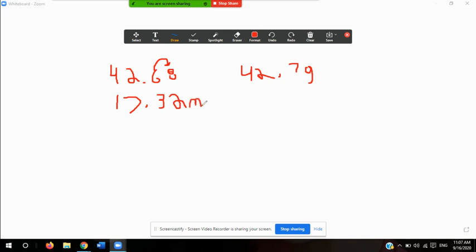And if I'm going to round that, because the 2 is the last significant digit and it's less than 5, then that means that I round my answer to 17.3 meters.